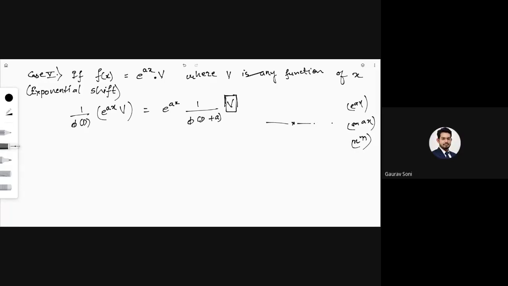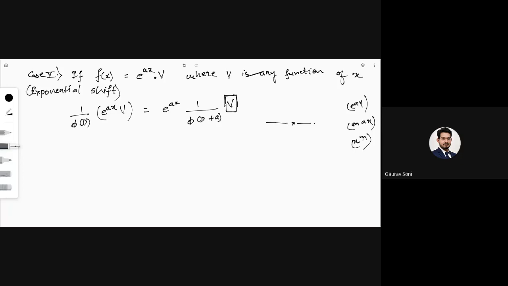What is the difference? Adding a to the derivative d. Adding a to the derivative, d plus a. And what is it doing after replacing d by d plus a? What is happening in this rule?